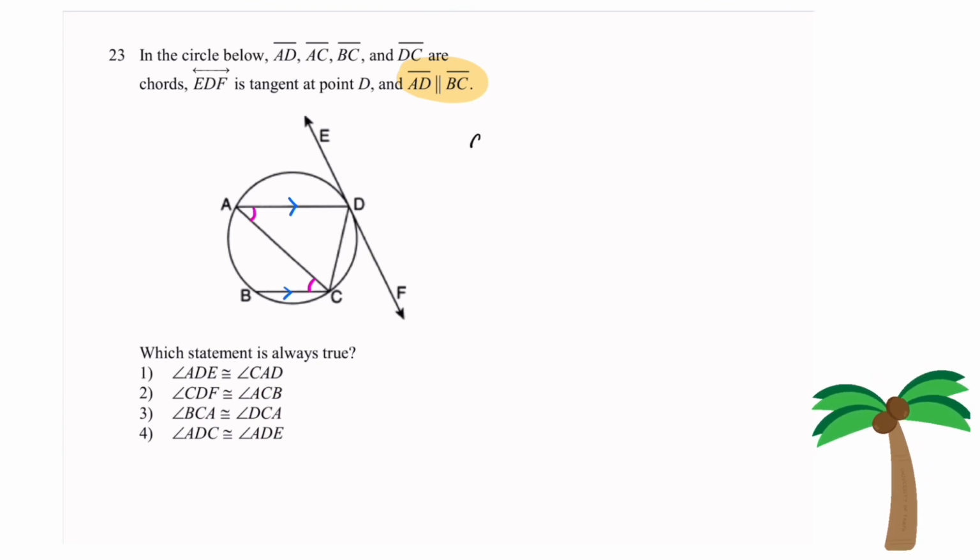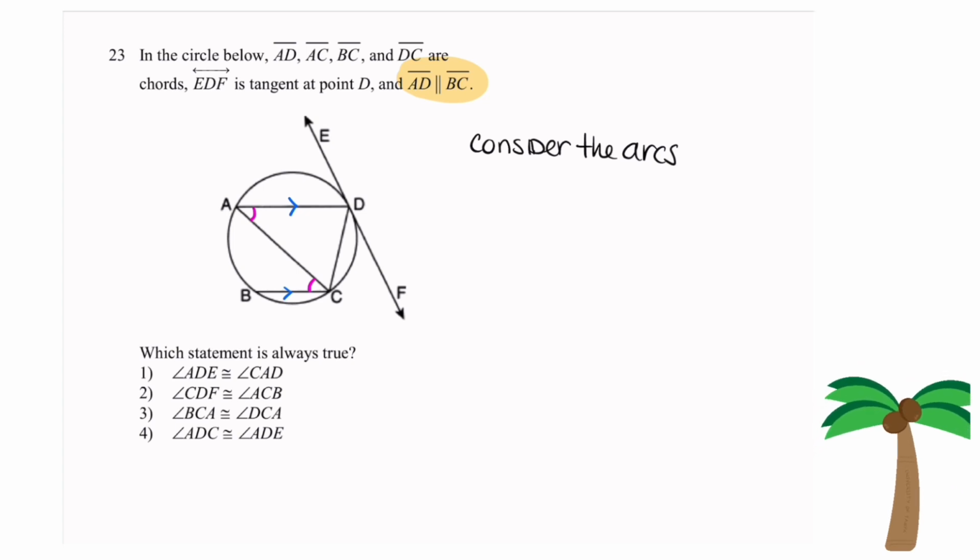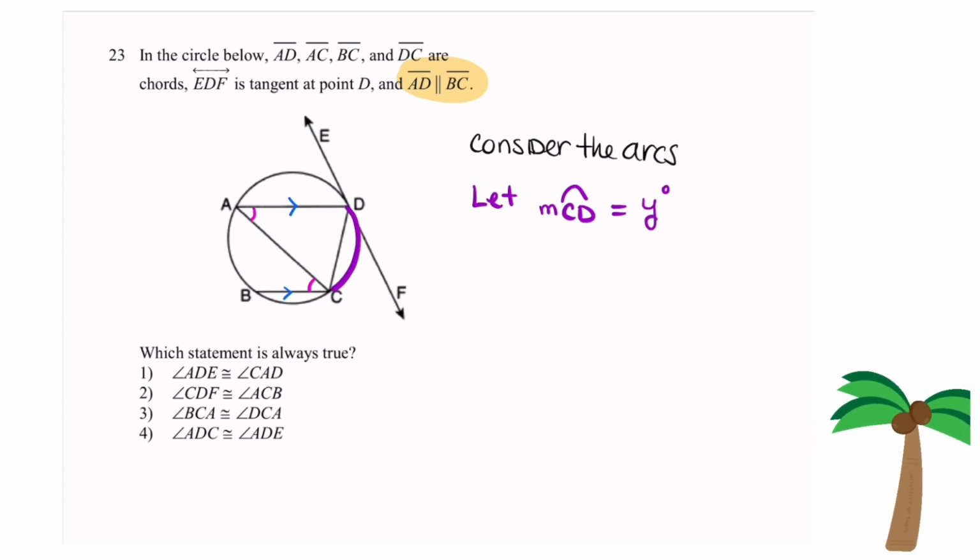All right, well, here we have to consider that the arcs of the circles might be involved in the relationship to the angles. So let's say arc CD is y degrees.